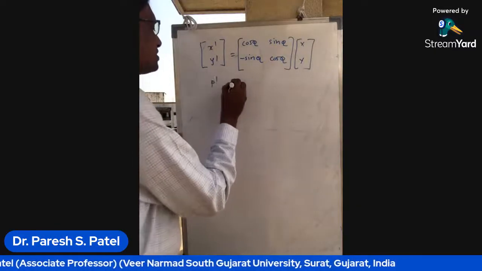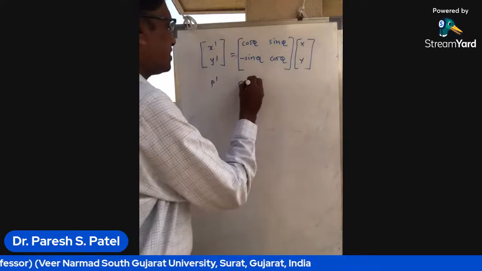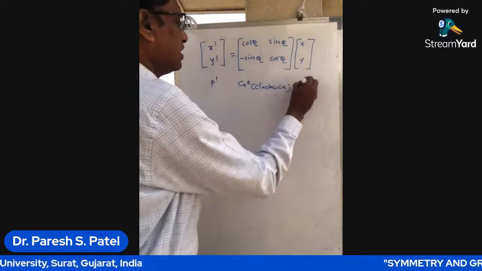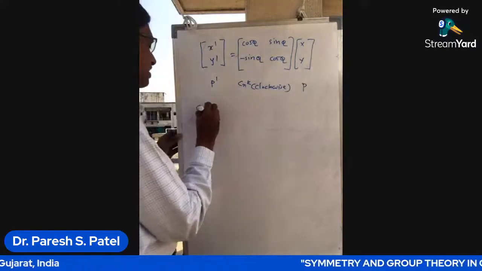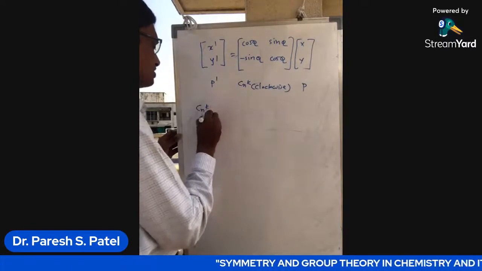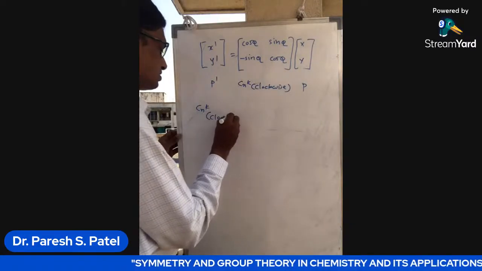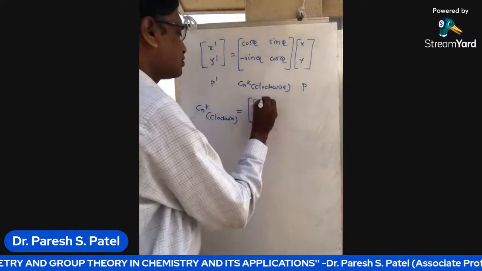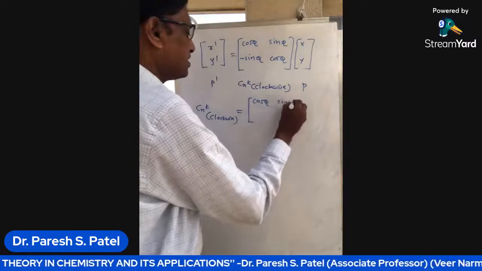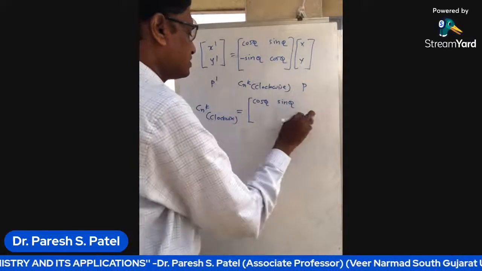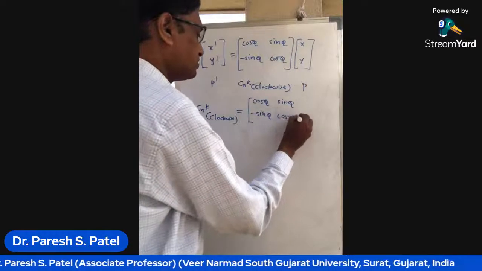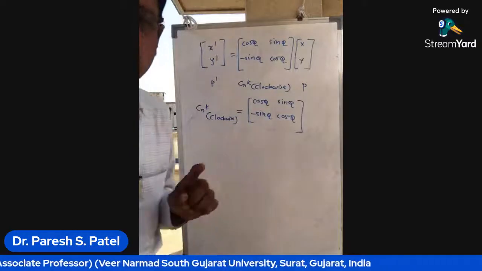So this is P dash, and this is C clockwise rotation, and this is P, where C clockwise is equal to cos theta, sin theta, minus sin theta, cos theta. Now this is a two-dimensional system.